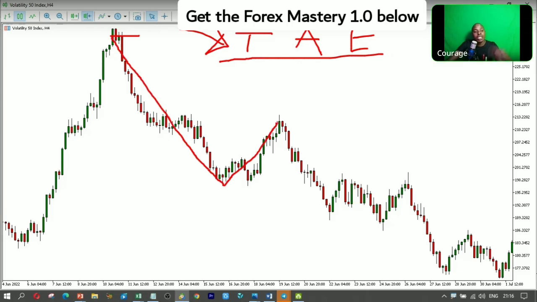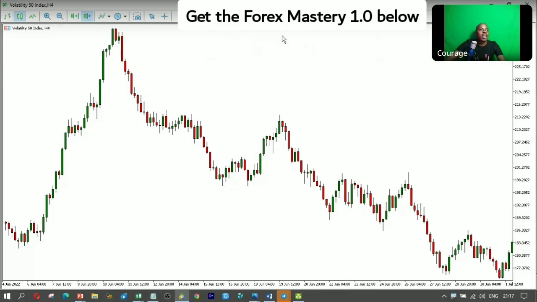Once it makes a pullback, we mark out this zone right there. This is the zone where the market reversed. We are waiting for the market now. We said we see the market moving here, makes a pullback.